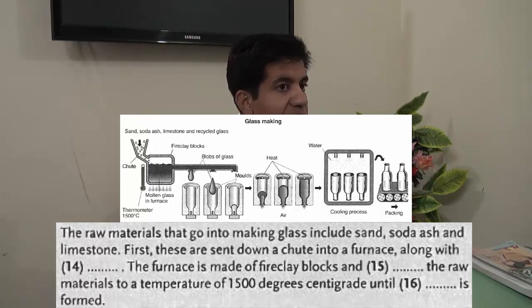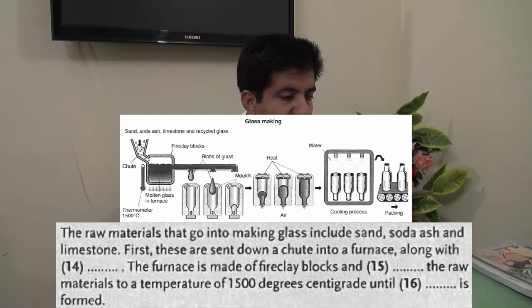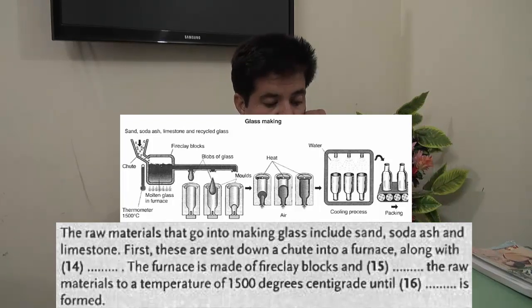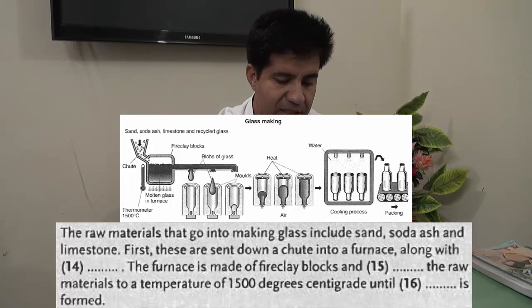It's already mentioned, 1500 degrees centigrade, until molten glass. Now that is what they call molten glass. This thing is called the liquid glass that is then used in the molds. So until molten glass is formed.